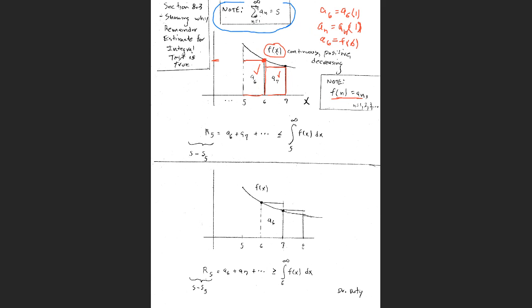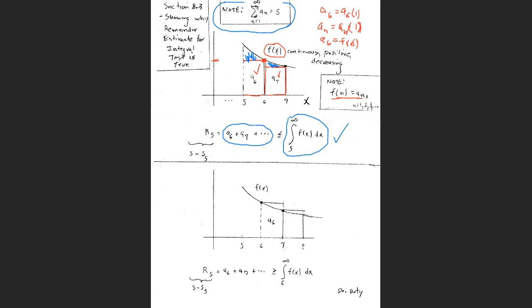So if we look at the area underneath the function going from 5 to infinity, and we compare that to the sum of the terms, and I'm just choosing to start with a sub 6, I could have started with any number, but if we have a sub 6 plus a sub 7 plus a sub 8 and so forth, the terms of that series would have to be less than or equal to this integral based on the picture, because you have area here that is missing, right?